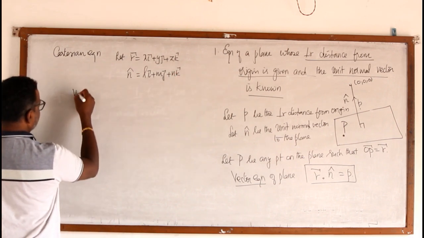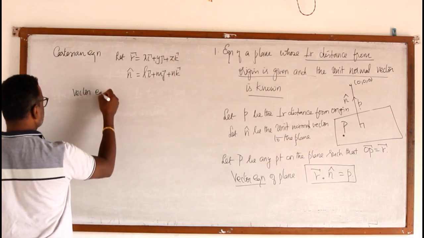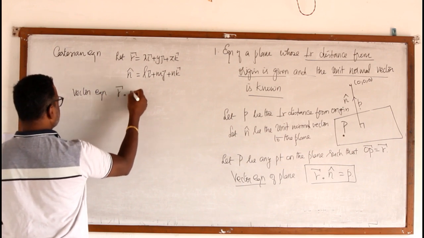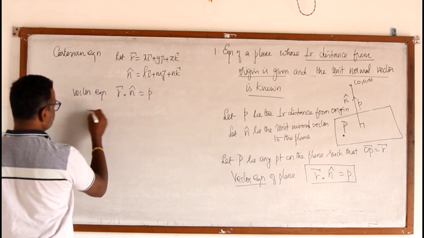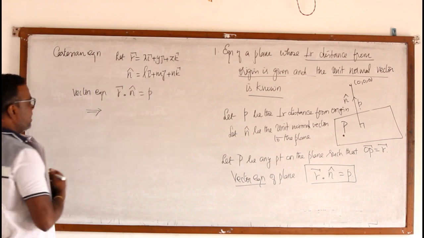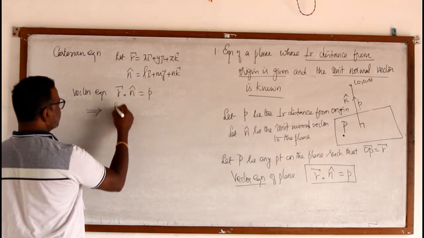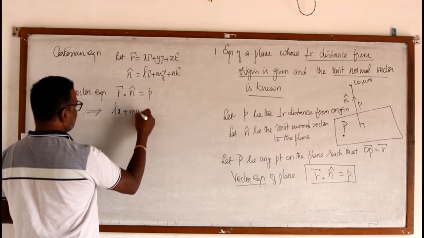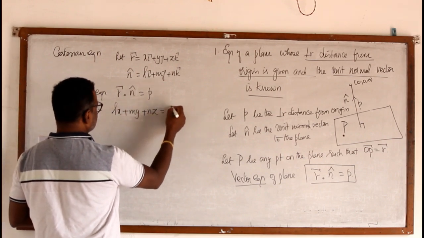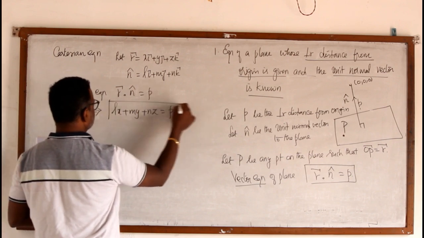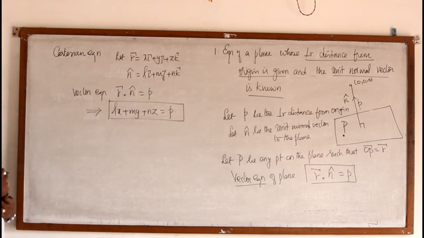Then the vector equation r dot n cap equal to p becomes, when you take the dot product, i into i, j into j, k into k, lx plus my plus nz equal to p. This is the Cartesian equation.